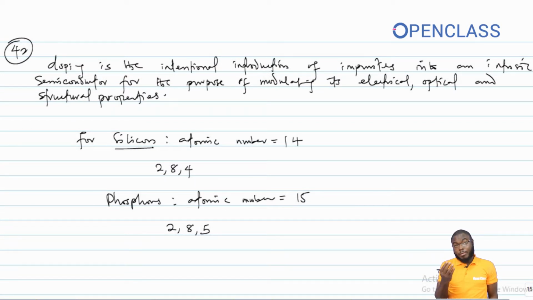Silicon requires 4 to get balanced, so phosphorus gives all its 5. It means it's now oversaturated: the valency is complete, with the exception of one electron that is now able to roam like an electric charge.